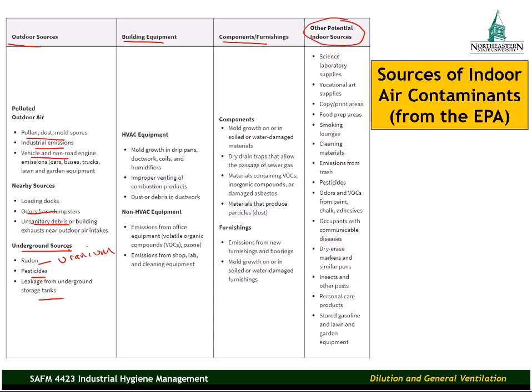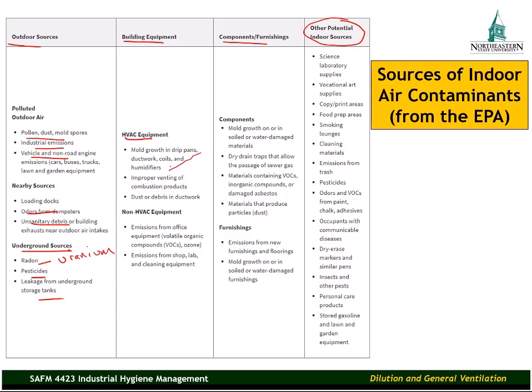As far as the building equipment, it could be problems with your heating, ventilation, air conditioning system. Again, we talked about Legionnaires a little bit. Maybe there's something growing in the drip pans. Talking about microorganisms growing and being spewed out into the area through the ductwork.